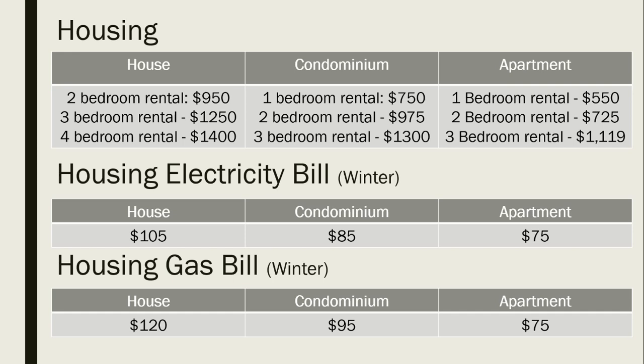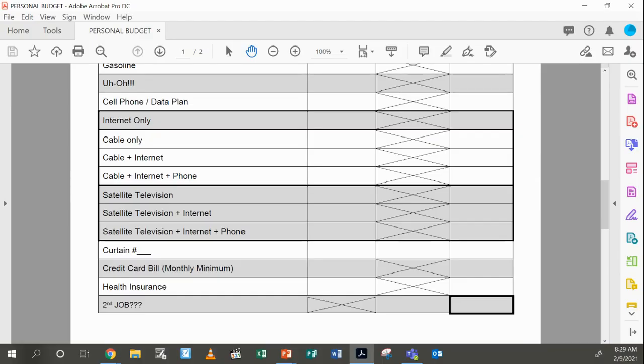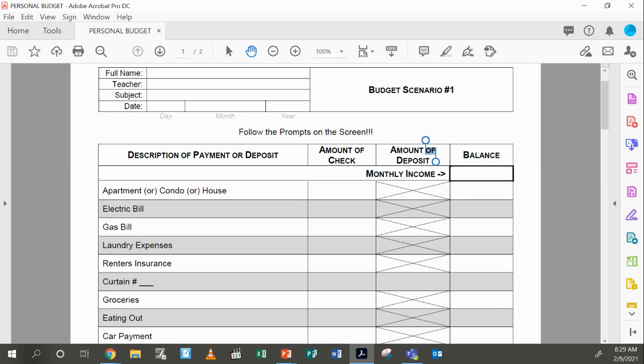Okay, and then for the sake of showing you what it looks like, the way that this would look here.